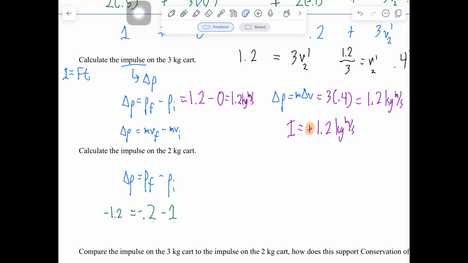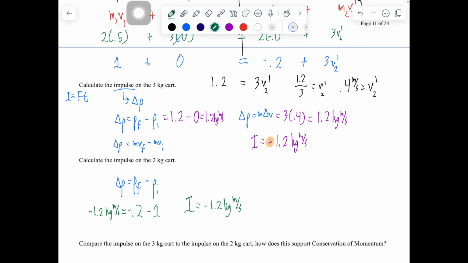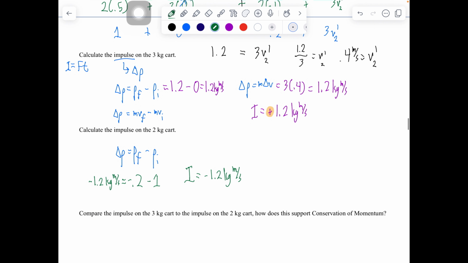Don't want to forget those units. Kilogram meters per second. Okay, so here, impulse on the 2 kilogram part is negative 1.2 kilogram meters per second. It lost 1.2 kilogram meters per second of momentum.